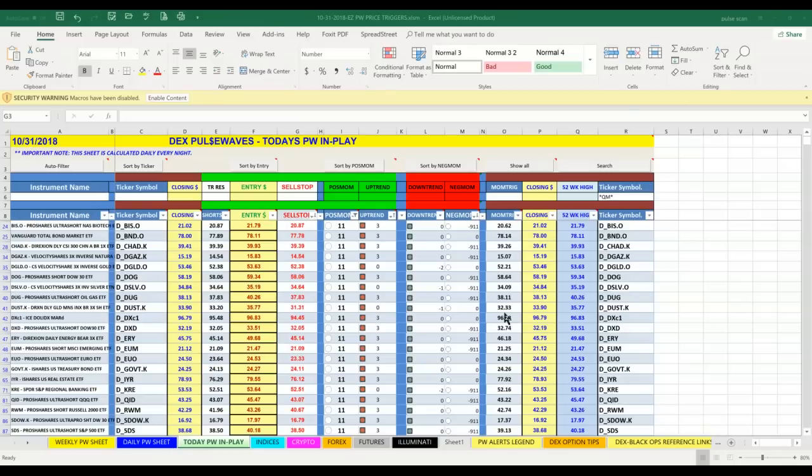Using the momentum trig to enter or exit the market, it can be done. It's just not as consistent as the entry trigger or the sell short trigger or the sell stop trigger or the 52-week trigger. But it can work, yes.